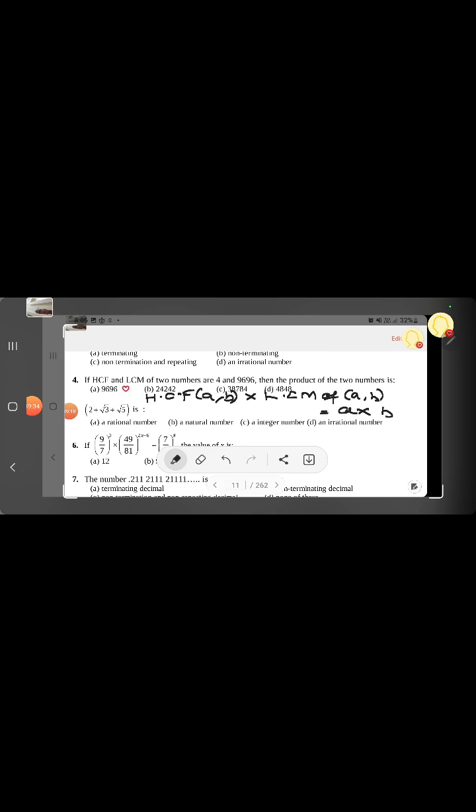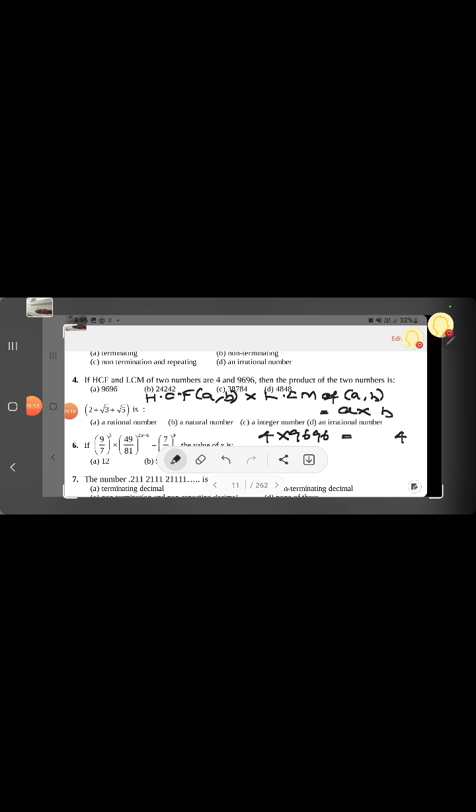Here, what is given? The HCF of the two numbers is 4 and the LCM is 9696. Then we can easily find the product of the two numbers using the above relationship. If we want the product, just multiply the HCF and LCM. The HCF is 4 and the LCM is 9696.